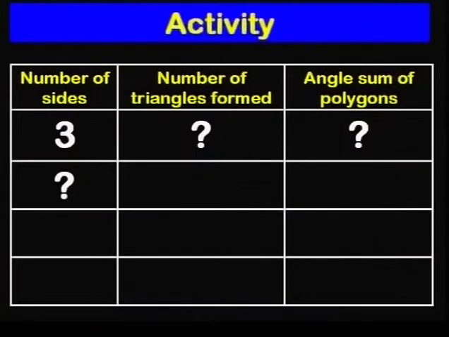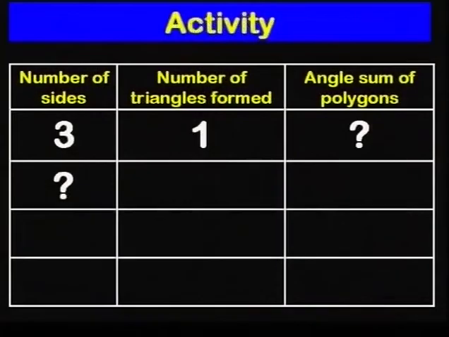The number of sides of a polygon, which is three sides. What sort of polygon is that when it has three sides? What is the name of that polygon? Triangle. Very good. A triangle has how many sides?